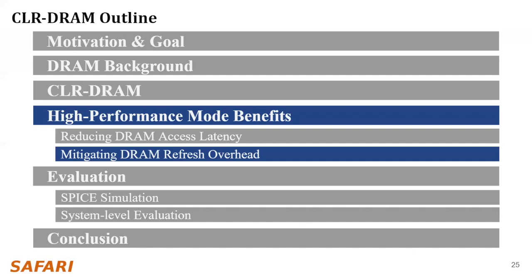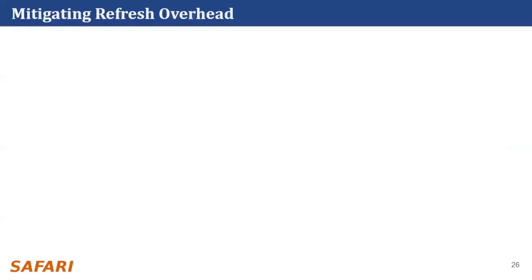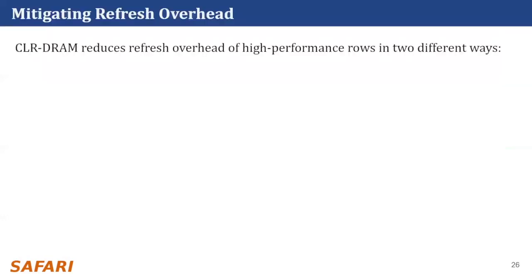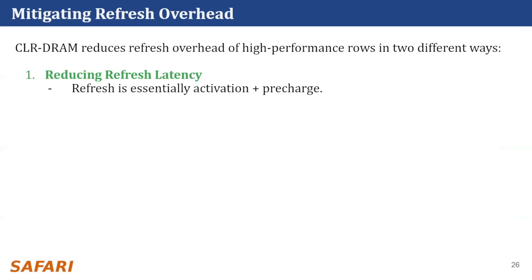Now, let me explain how CLR-DRAM mitigates DRAM refresh overhead in high-performance mode. CLR-DRAM reduces DRAM refresh overhead of high-performance mode rows in two different ways. First, it reduces the latency of a refresh operation. This is because refreshing a row is essentially restoring charge level back to the cells and then performing pre-charge to close the row.